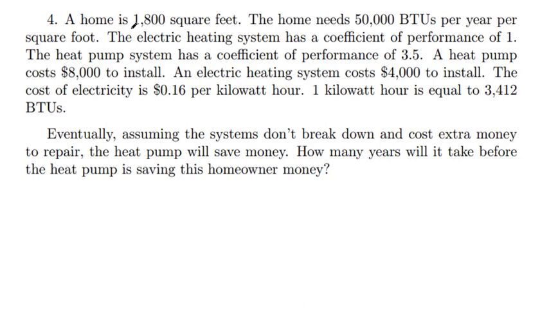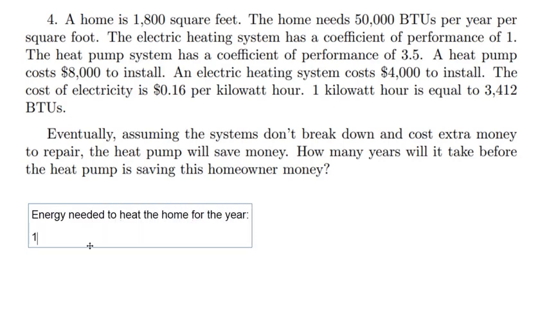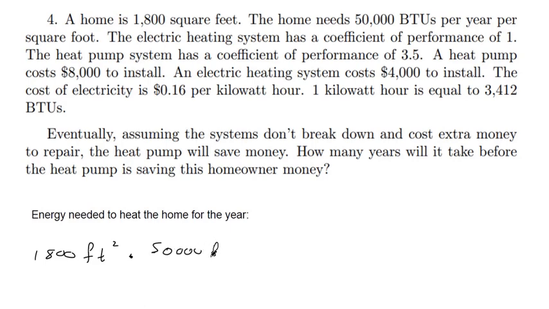The first part they say is the square footage of the home and how many BTUs per year they need per square foot. So the energy needed to heat the home for the year is found by taking the 1,800 square feet, and then we want to multiply that by, I got to draw this out so we can see the units cancel. 1,800 square feet, multiplied by the 50,000 BTUs per square foot.